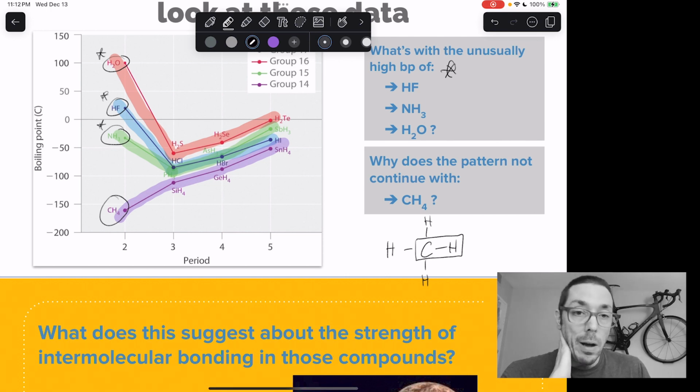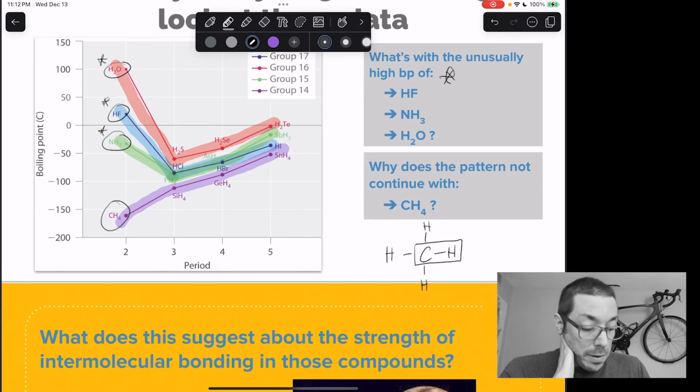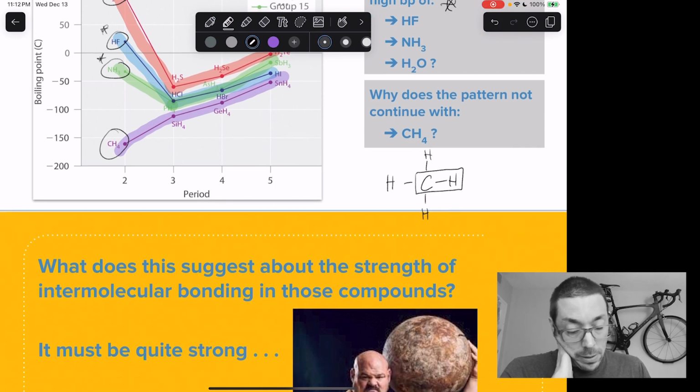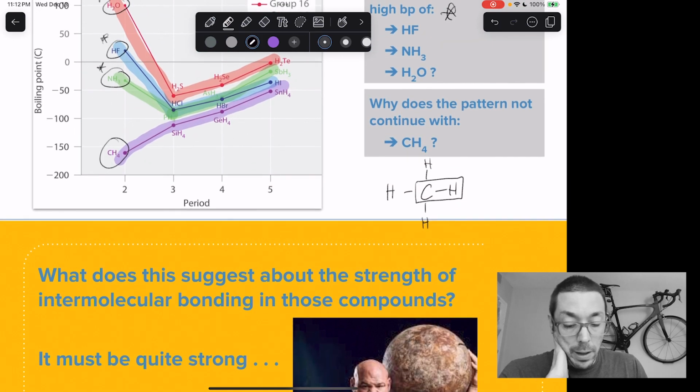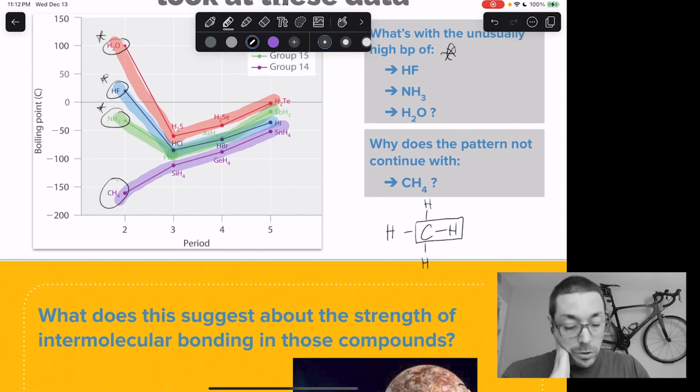So it's not a super polar bond, and this is not a polar molecule at all either because it's symmetrical and all the bonds cancel out. So we don't even have a polar molecule at all in CH4, and that shows why the boiling point is so low for CH4, whereas the other 3 shoot upward because of that hydrogen bonding.